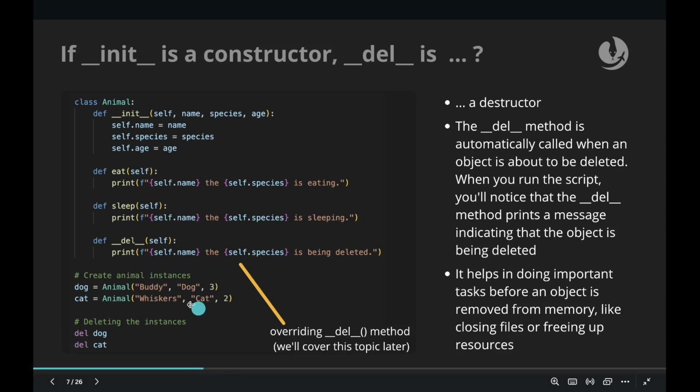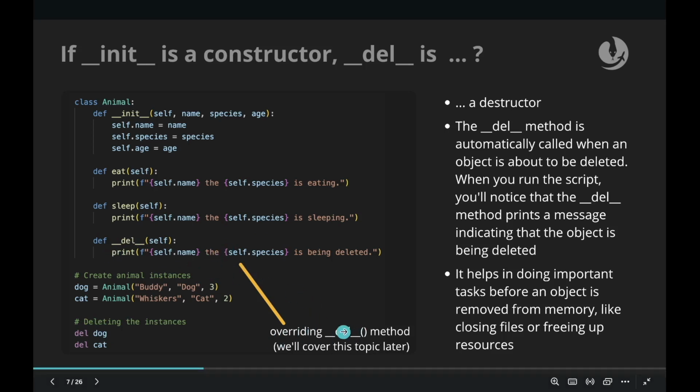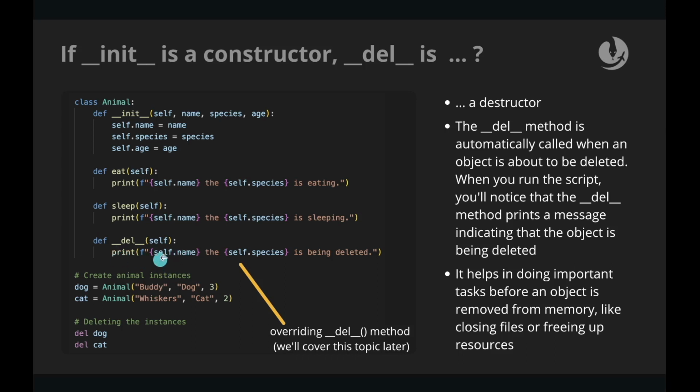So if we don't have it, we can delete the instances just like over here. But then if we would like to add some additional behavior to it, we would need to override the del method. And if we do it, we will see Buddy the dog is being deleted, or Whiskers the cat is being deleted. All right?